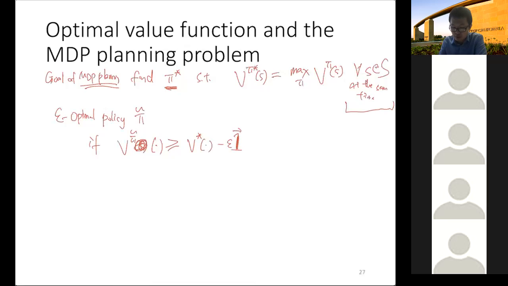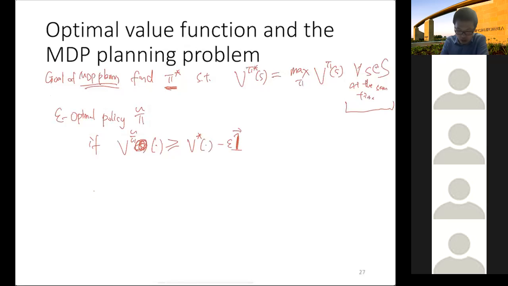So when we talk about an epsilon-optimal policy, we want its value to be at most epsilon away from that of the optimal policy. Okay, I hope this is clear.